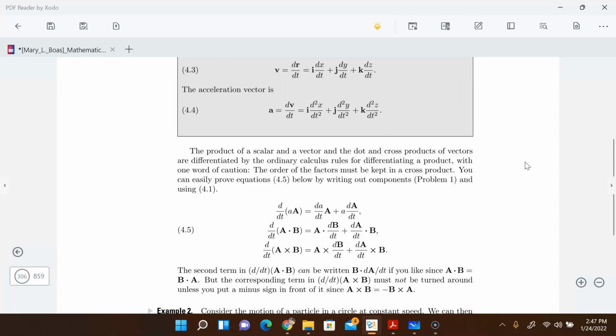With vectors, you still have to remember that you can do a lot of other operations. You can have a scalar multiplied to the vector A, and if you do a differentiation, then you have to differentiate your scalar as well, leaving A, and then leave the scalar and differentiate the vector.